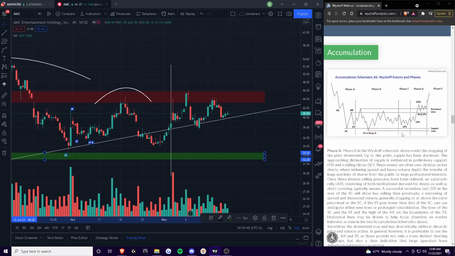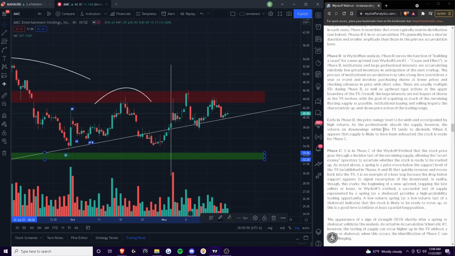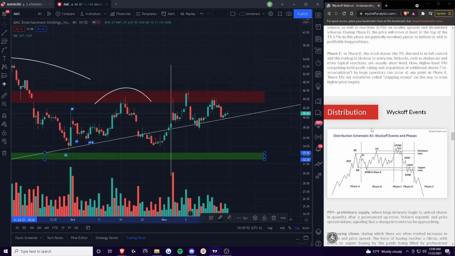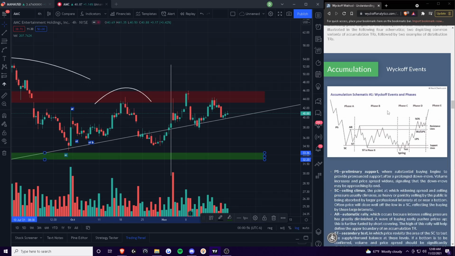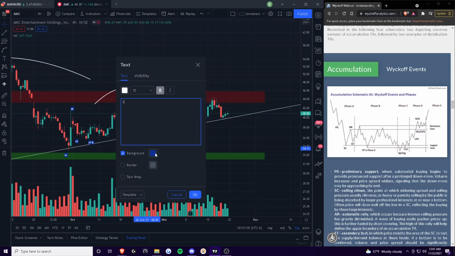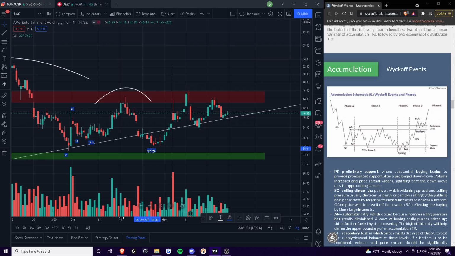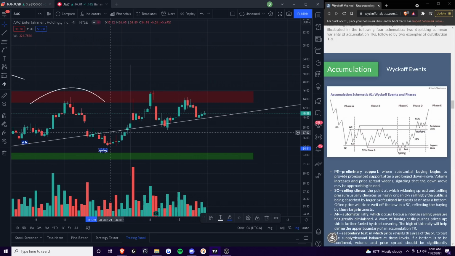And then maybe this one is more like the spring test version, the other schematic number 1. In that, you have this where you break this key trend line, and that's why you have to include the larger context whenever you're looking at these things.